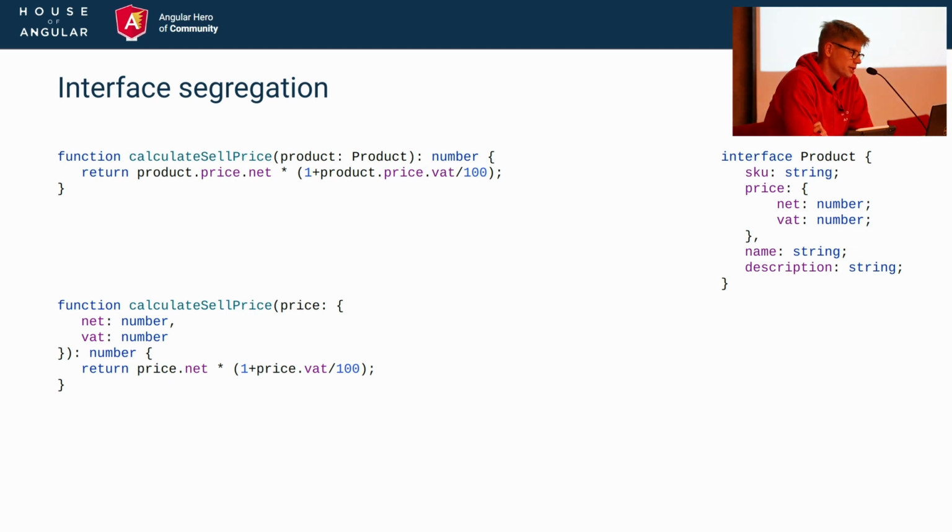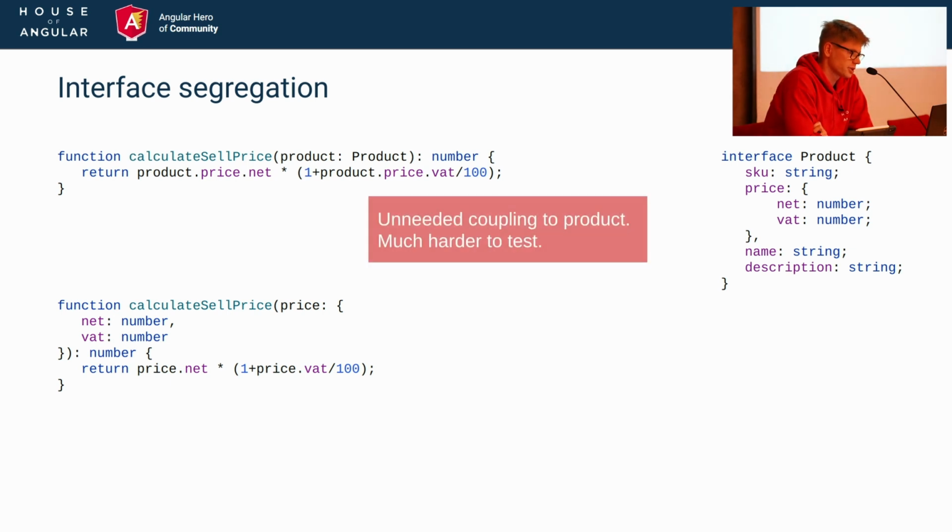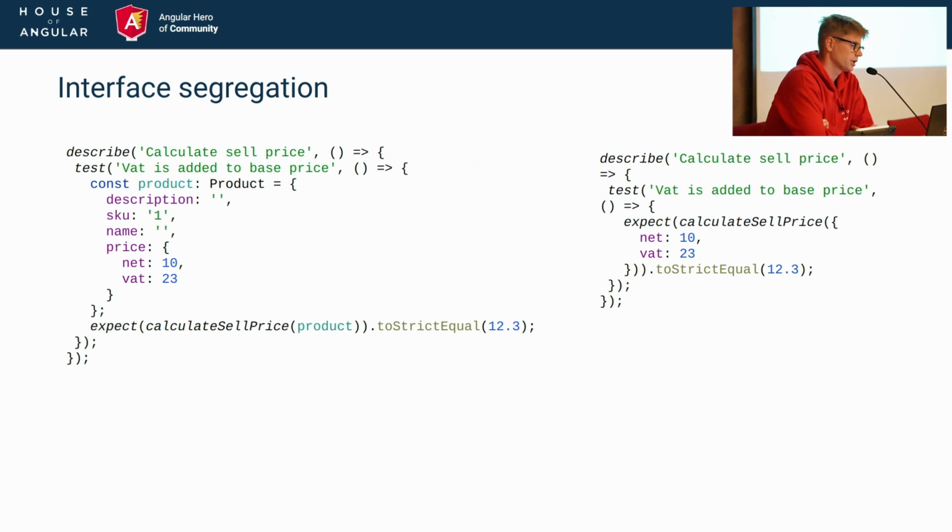But where you will see the difference is in your tests, because wherever you want to test this function, you will actually need the whole product interface, which gives you unnecessary coupling to the product interface, and wherever something is changed in this product, you will need to update your calculate sell price function. And you can see here two examples of the tests.